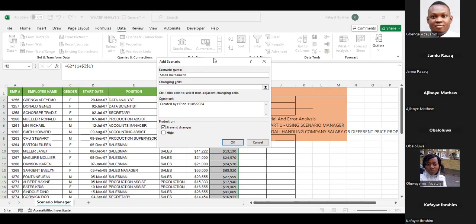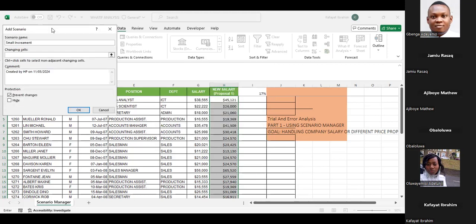It's not shifting. Now, clicking on that changing cells, click on the I1 where you have the percentage, because that will be our changing cell where we have the percentage. Okay. Yes. Now when you are done, uncheck that prevent changes.